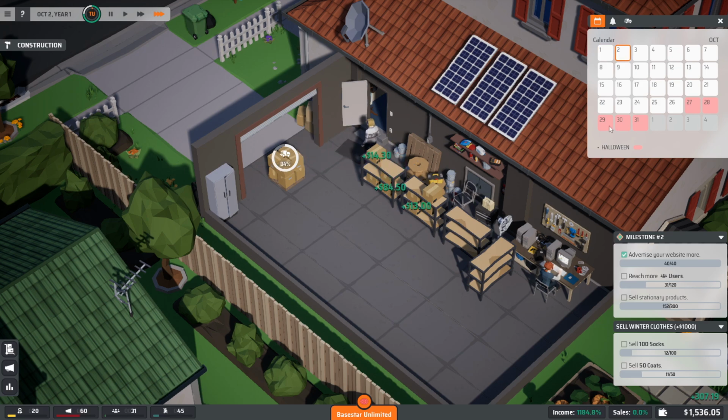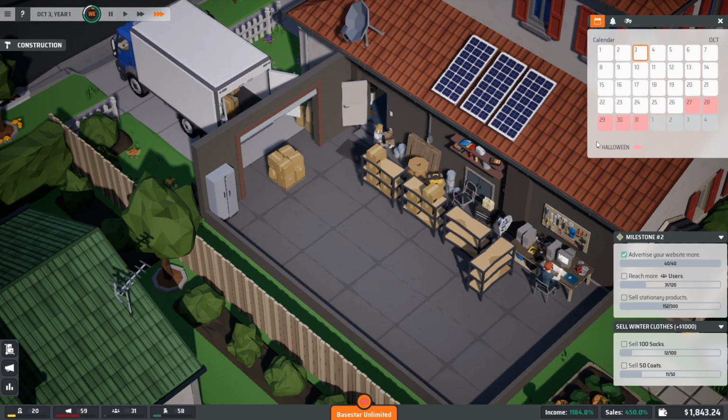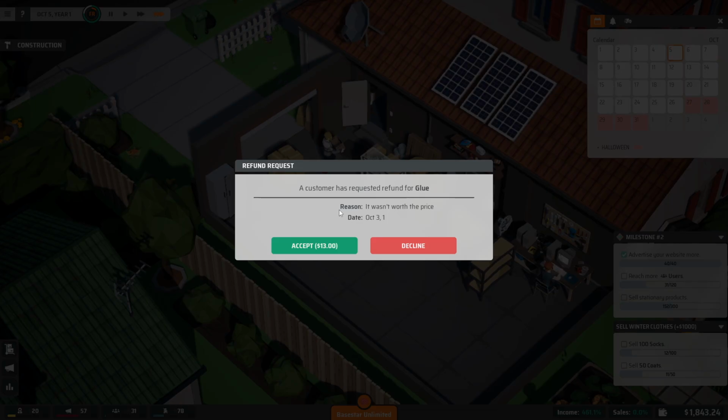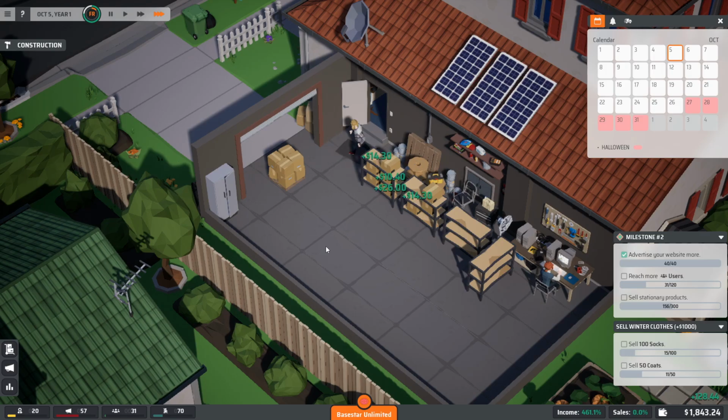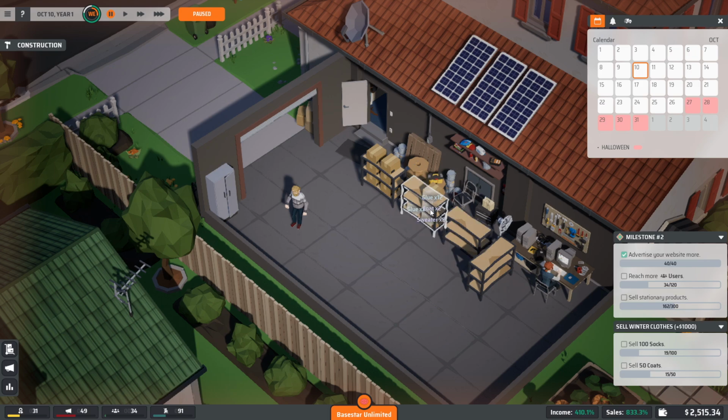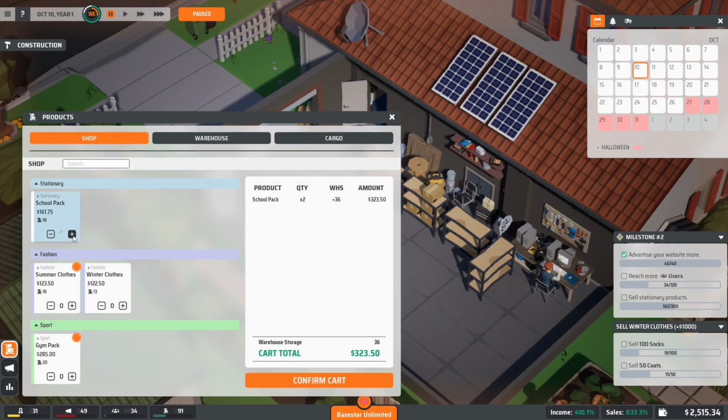Things are selling. Alright. Coats and socks, glue. Okay. Stationery pack, 5 more.